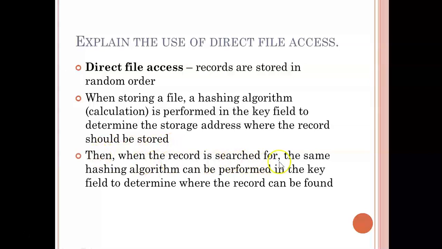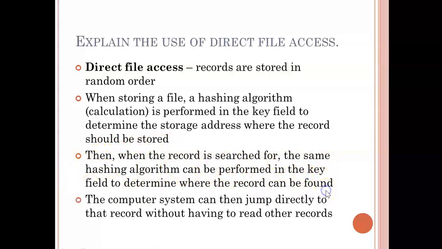Then when the record is searched for, the same hashing algorithm can be performed on the key field to determine where the record can be found. The computer system can then jump directly to that record without having to read other records. When information is stored in a direct file access system, there is a key field.